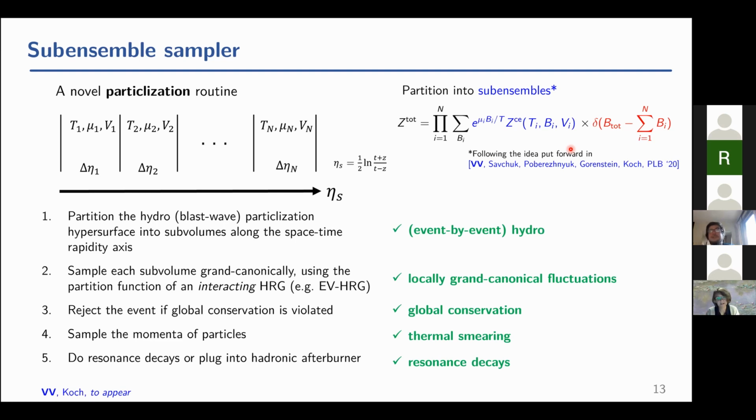Does it depend on energy, or is it more or less universal at LHC? The size in rapidity is more or less universal because it's determined by thermal smearing, and the temperature is roughly the same, around 150 MeV. Things might get problematic at lower energies because we will run out of volume.